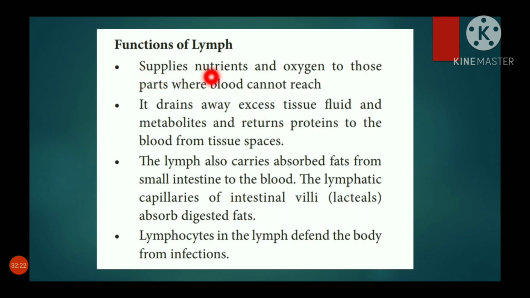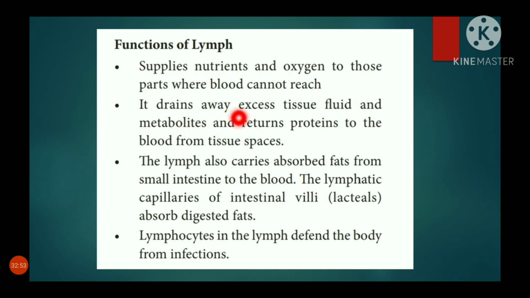It supplies nutrients and oxygen to those parts where blood cannot reach. Read carefully. It is a colorless fluid, and it contains a very small amount of oxygen, carbon dioxide, water and WBC, but it supplies nutrients and oxygen to those parts where blood cannot reach.